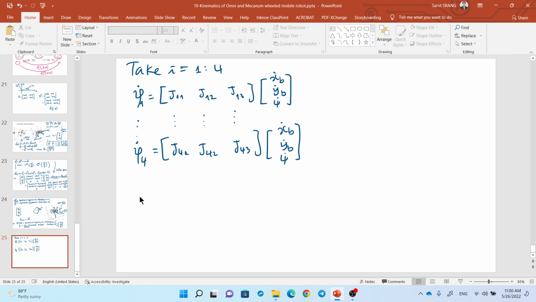Okay, so finally I have a complete equation for the inverse kinematic just like this. And J here is 4 by 3. Any question so far?